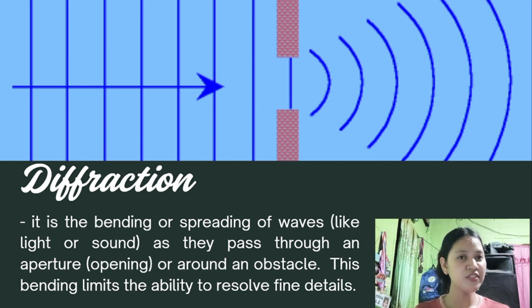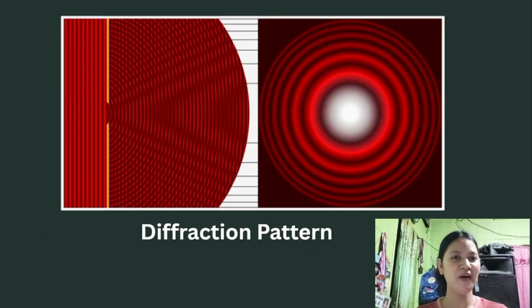Diffraction happens because light behaves as a wave. When light passes through an opening, just like the lens of a microscope or a telescope or even the pupil of our eye, it doesn't just travel straight. It spreads out a little, and the spreading creates a pattern of light and dark rings called a diffraction pattern.